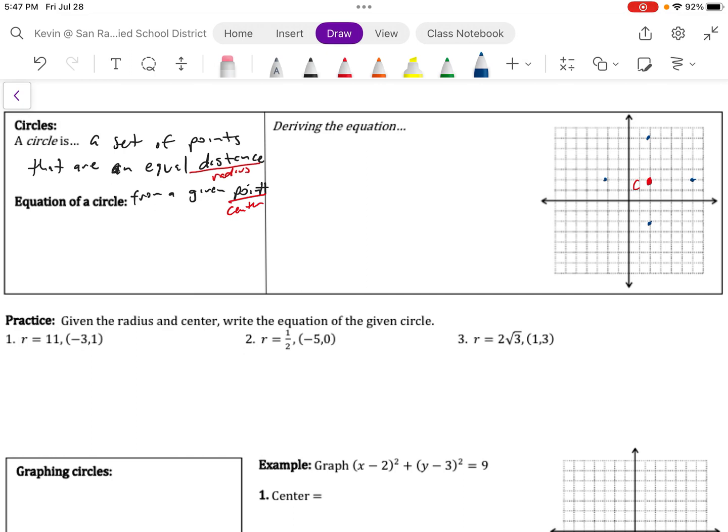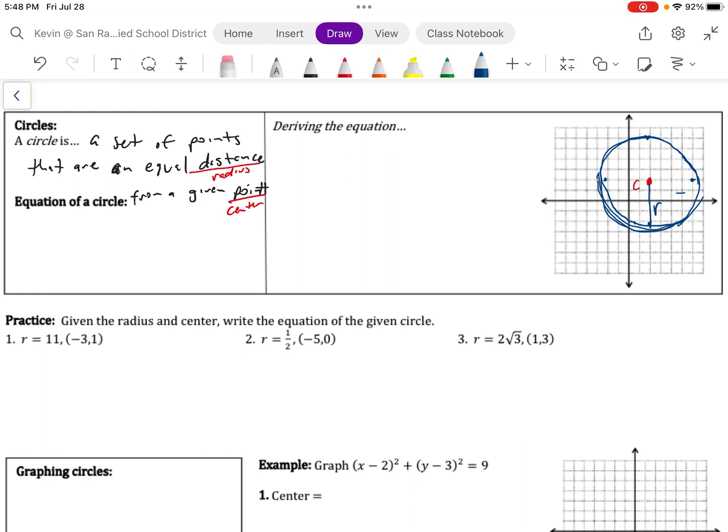As we go around here, all the points are equal distance to the center, whatever this distance is, and that distance is the radius. So all of these points that are the same create a circle. That's not a very good looking circle, freehand, but that's the definition of a circle.